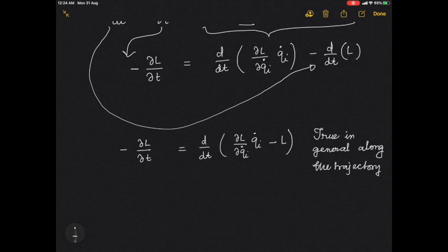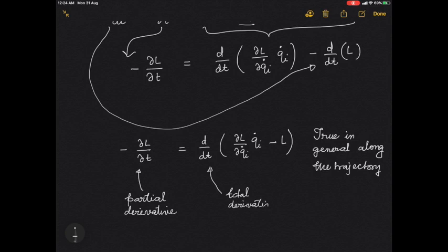And this is a remarkable equation. On the left hand side you have a partial derivative, on the right hand side you have a total derivative. Which means the left hand side is the explicit dependence on time of L, the right hand side is the total derivative with respect to time of this entire quantity. Right?